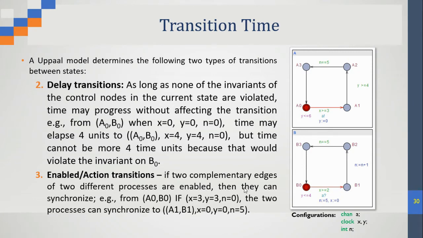So the time in the second location will be, if for example x is 3 and y is 3, then the second location will be 0, 0, because here we have a reset. If you consider there is no condition here, once we run this location, x will become 0, y 0, and n is 5.